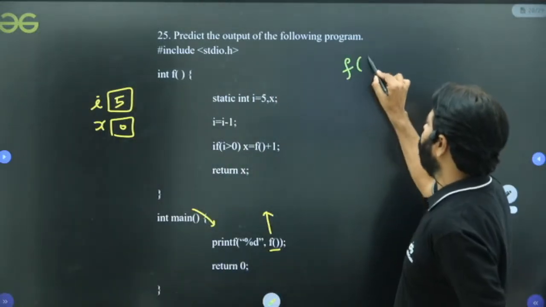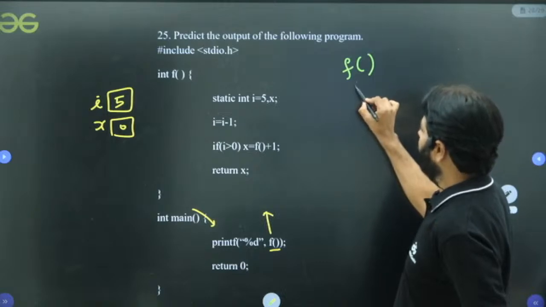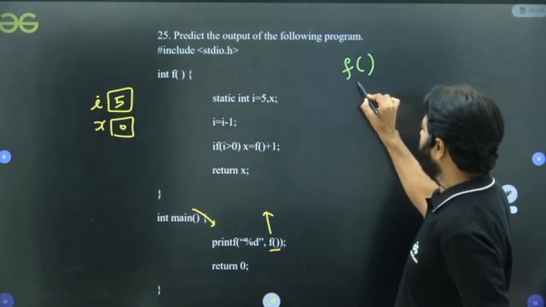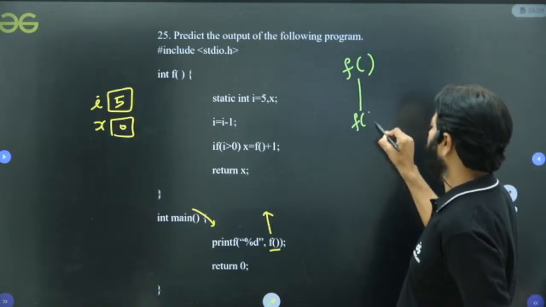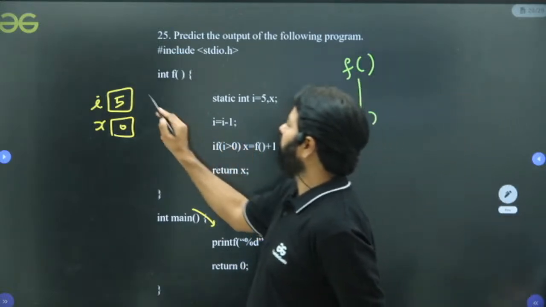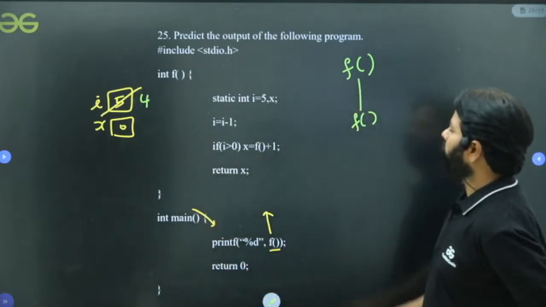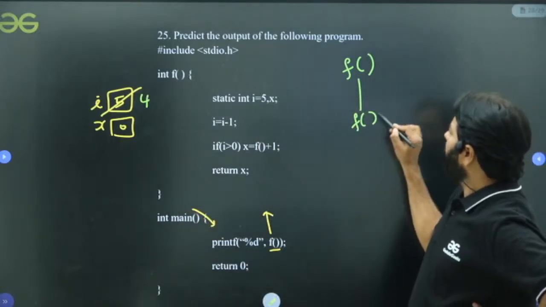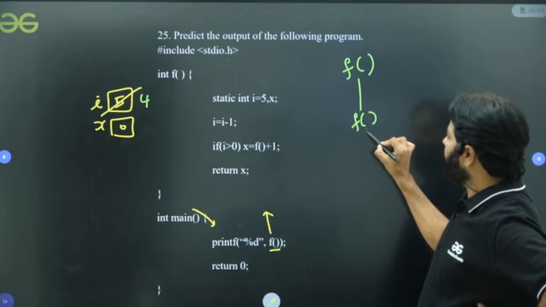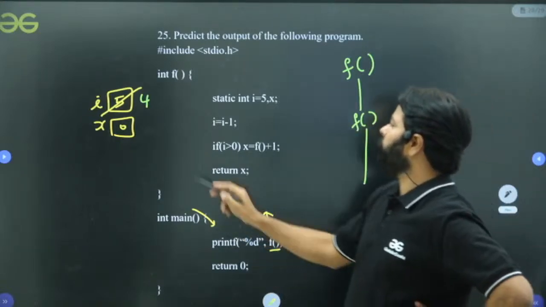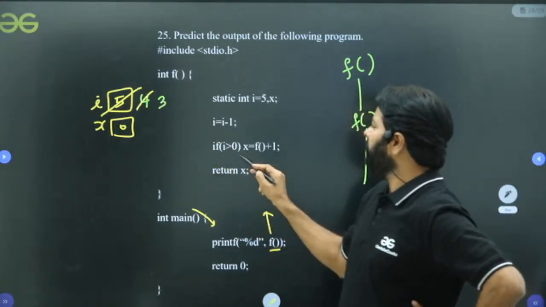When you call f the first time, this is going to call f, but before calling, i becomes 4. Here 4 is greater than 0 and f will happen, and when you call f again, i = i - 1, that is 3, and 3 is greater than 0.